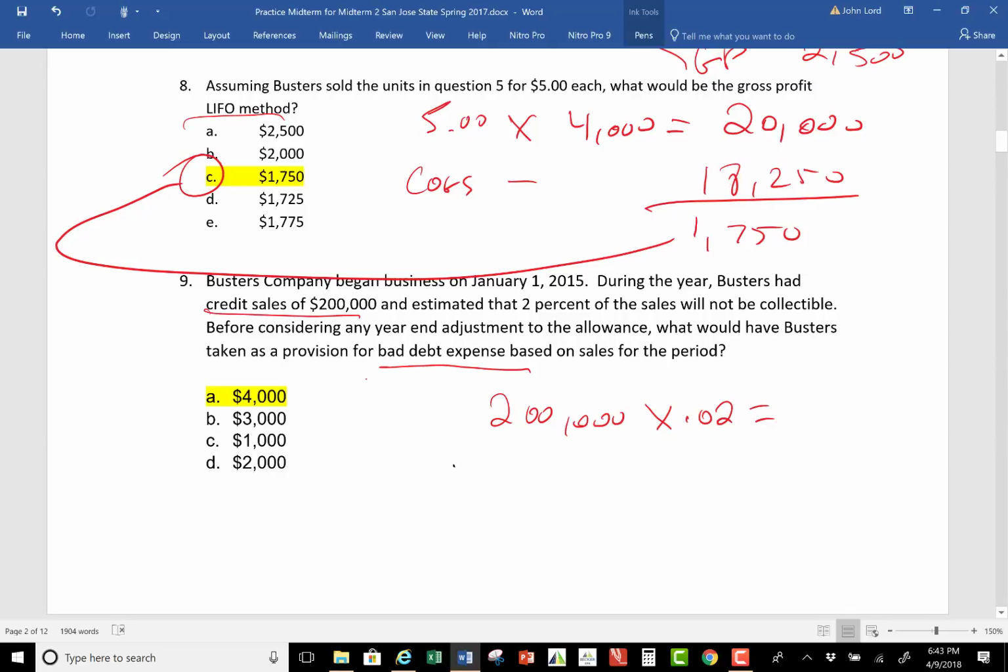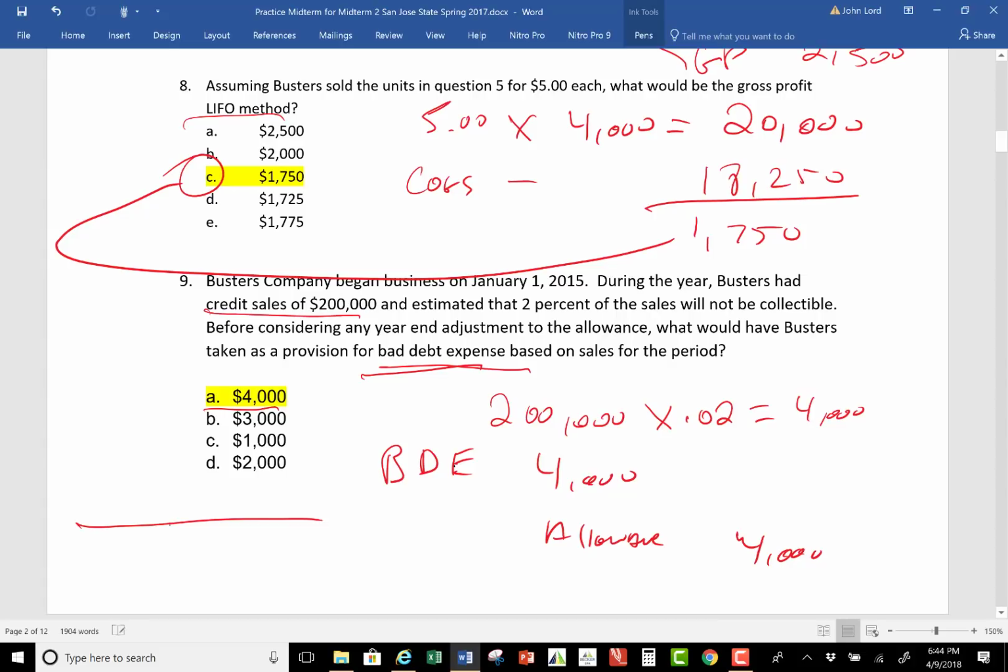That means that I have bad debt expense then of $4,000. Good. Can you give me the journal entry for that? Good. Credit the allowance for 4,000, right? Good. See, you guys can come up here and do these. See how easy it is?